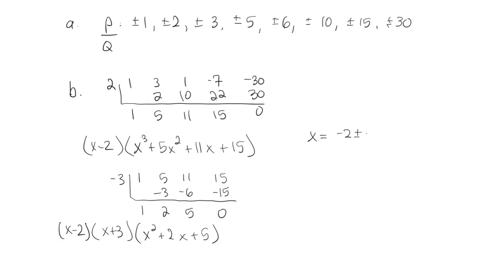So the opposite of b plus or minus the square root of b squared minus 4 times a times c all over 2 times a. So inside the parenthesis here, we have 4 minus 4 times 1 times 5. So 4 times 1 times 5 is 20. 4 subtract 20 is -16.